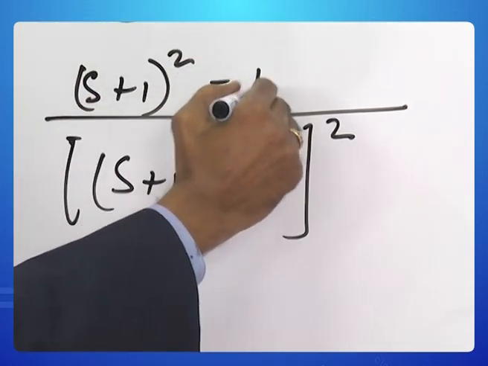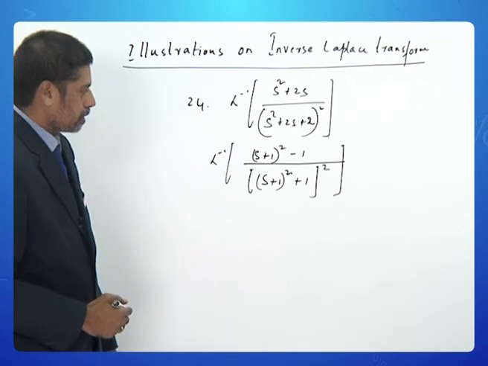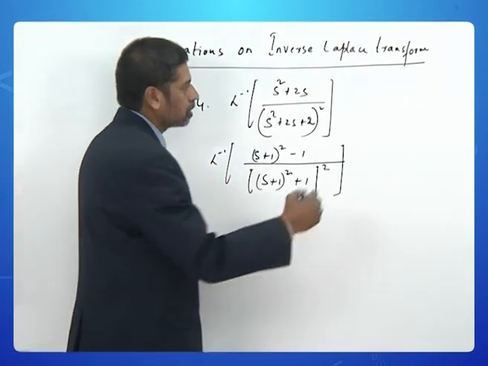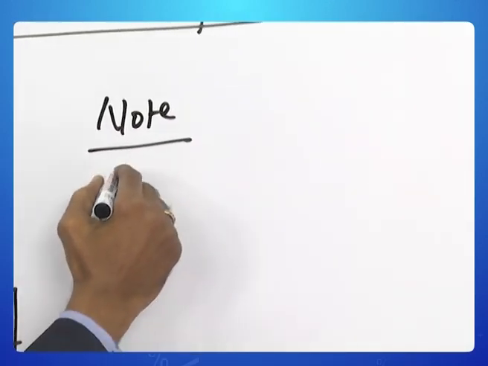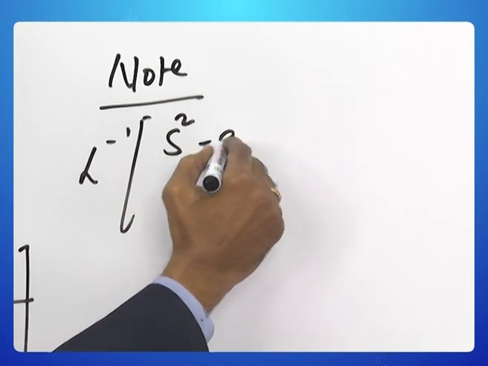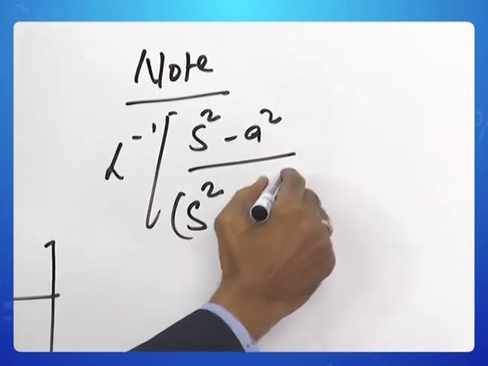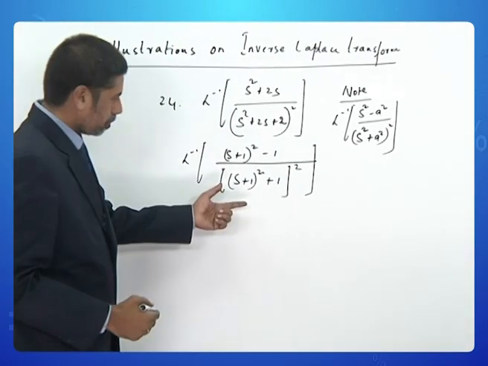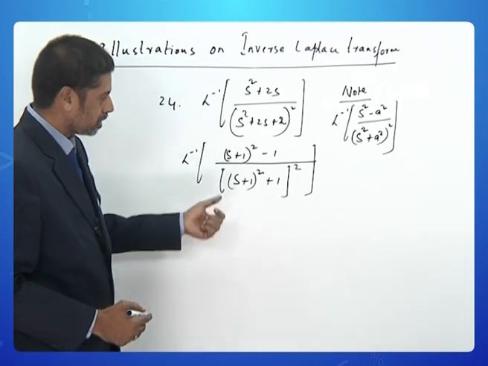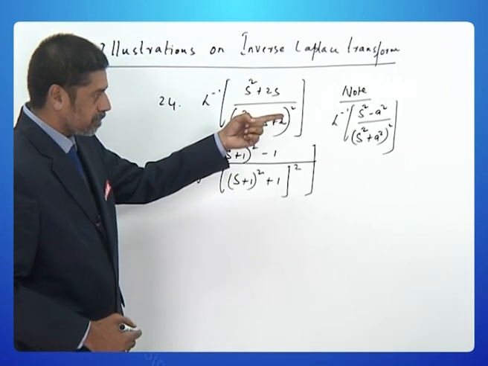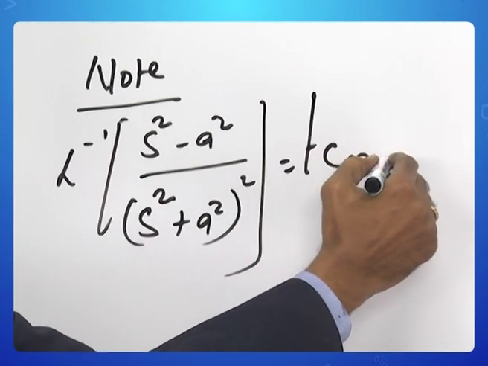S plus 1 whole squared minus 1. So inverse transform of s square minus a square by s square plus a square whole squared. Now this appears like this except for s plus 1 in place of s. So there is a shifting theorem involved here, but that is a basic result you must know. And from your tables, this is t cos at.